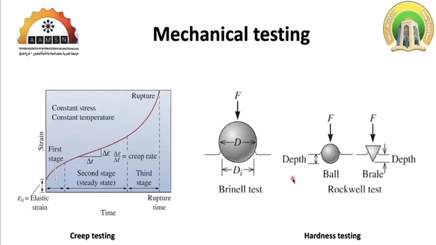So far we are talking about macro scale mechanical testing, and that is used for characterizing the bulk material. But the question rises here: how can we test a thin film deposited on a surface?